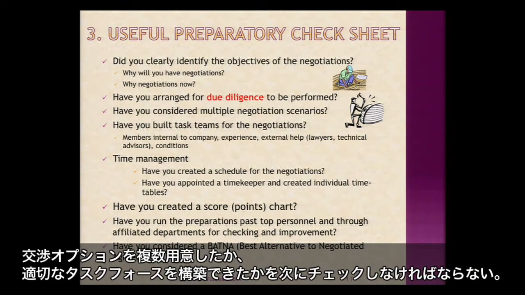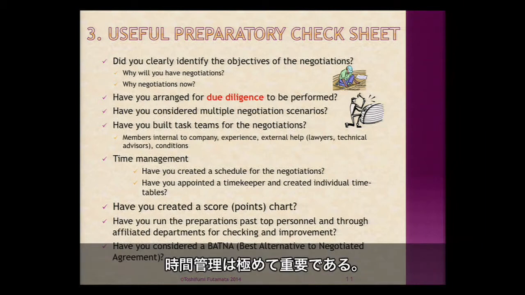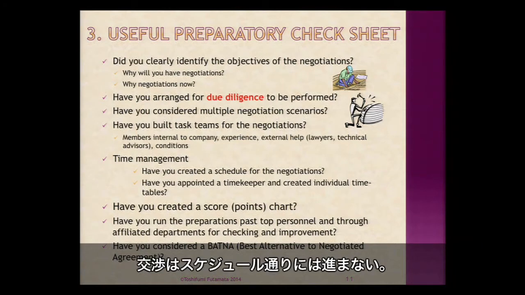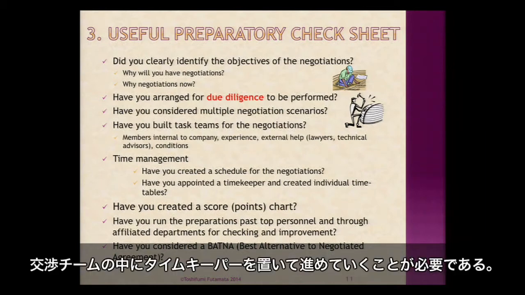So you must check whether you have prepared multiple negotiation options and built optimal or appropriate task forces. Time management is substantially important. Negotiation will not proceed according to schedule. It is necessary to place a timekeeper within the team as negotiations are conducted.